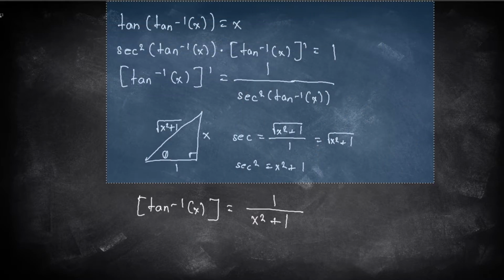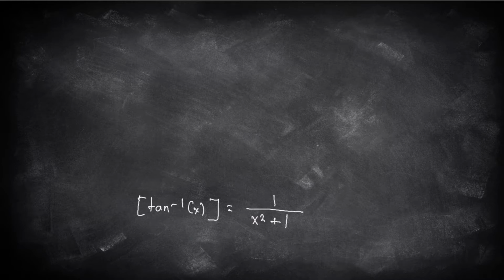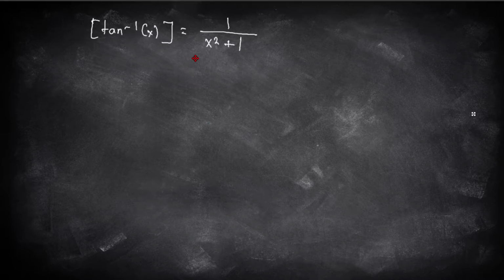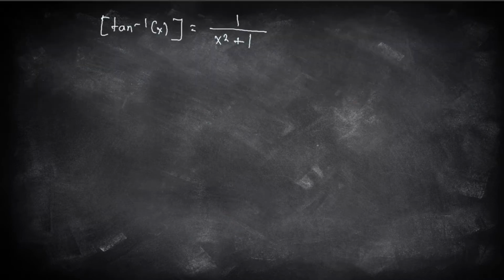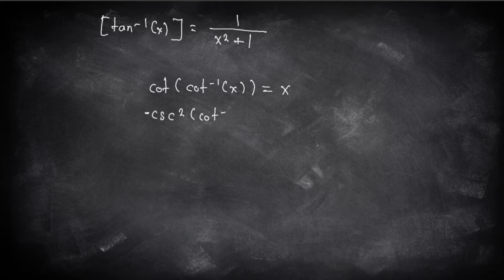Now we're going to do the same thing for cotangent. So cotangent of inverse cotangent is equal to x. The derivative of cotangent, as we did before, is negative cosecant squared, and then keep whatever's inside the same, so inverse cotangent.